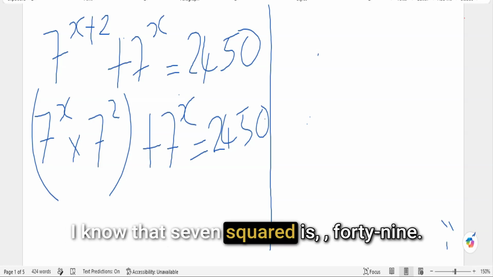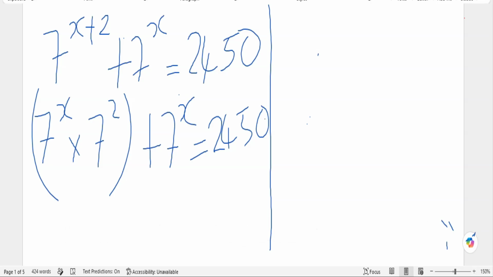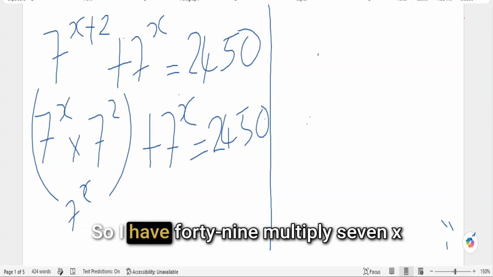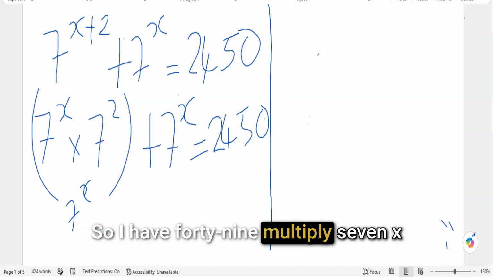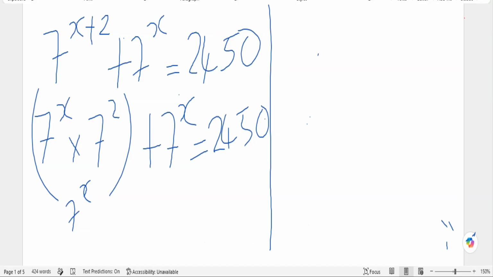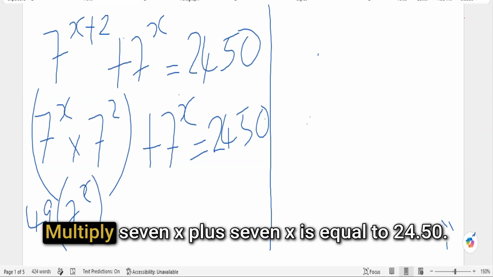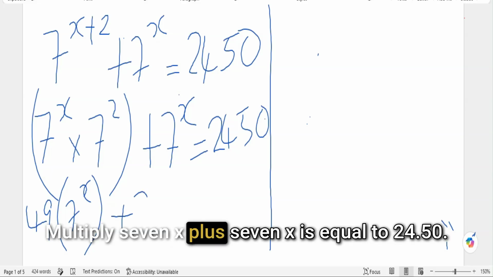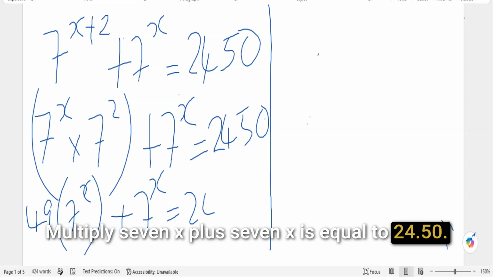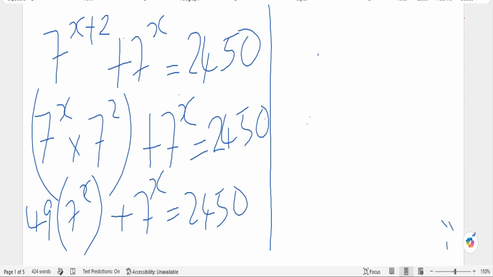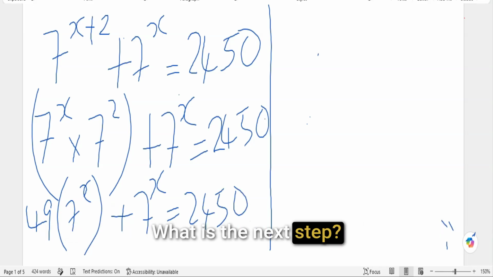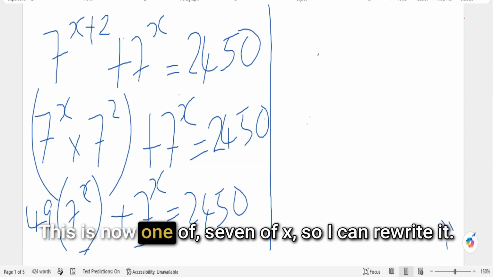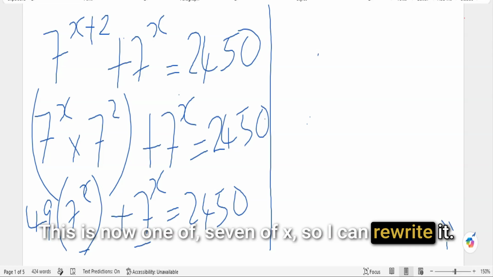What else can I do to simplify the left-hand side? I know that 7 squared is 49. So I have 49 multiplied by 7^x plus 7^x is equal to 2450. What is the next step? This is now 1 of 7^x, so I can rewrite it.